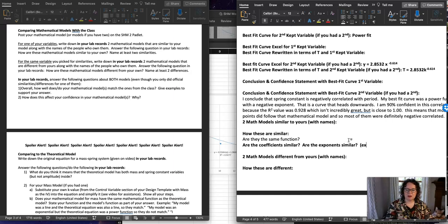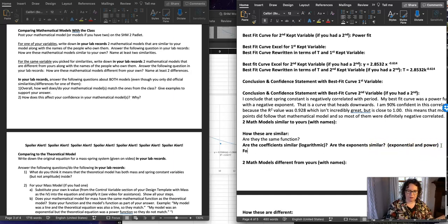This is good for exponential and power functions. Coefficients are good for logarithmic functions too. Exponents are similar for exponential and power functions, and if you have linear only, are the slopes similar?